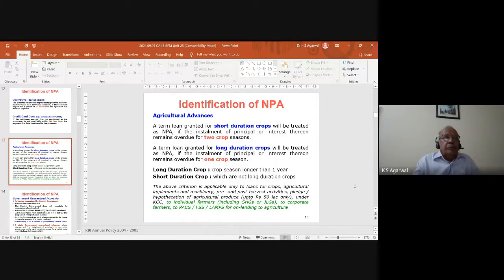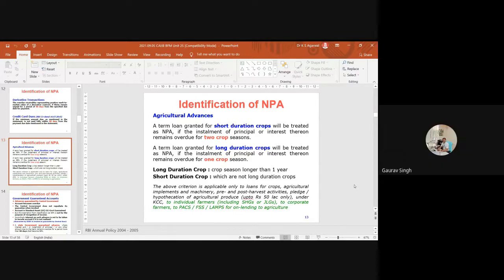If you do not pay by the due date, and if you pay on or after 90 days, then this account will become NPA, and not only this account, your other accounts will also become NPA. So the 90 days time limit is relevant only for the purpose of NPA categorization of credit card dues. Otherwise, only the due date written in the credit card statement is relevant. Am I clear? Yes, sir.